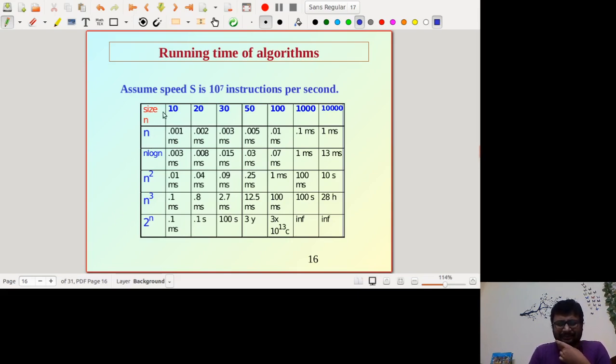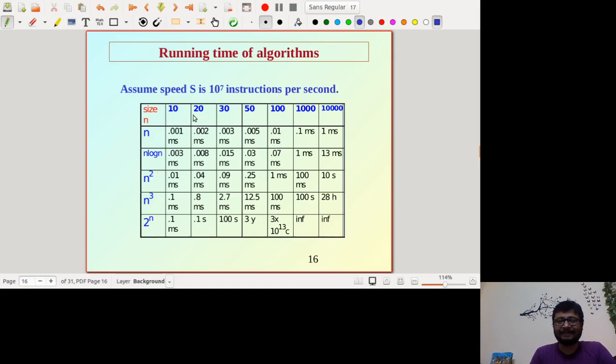These are, let's say, the runtimes of 5 different algorithms. The first algorithm takes n time, the second takes n log n, and so on. So n is the most efficient. After that, n log n, n squared, n cube, and this is an exponential time algorithm. And these are the various values of n.